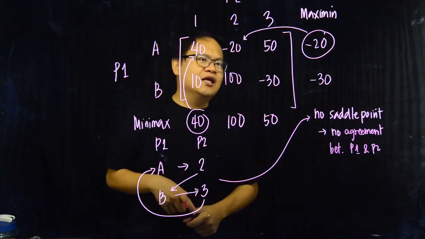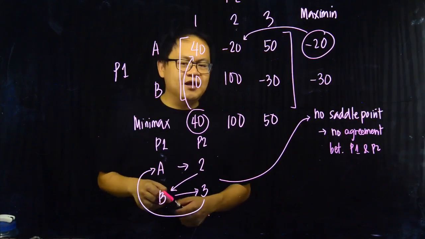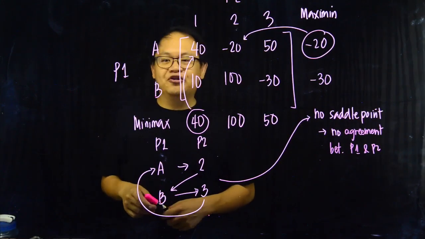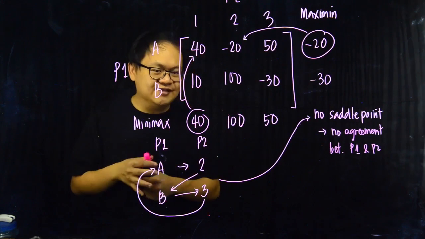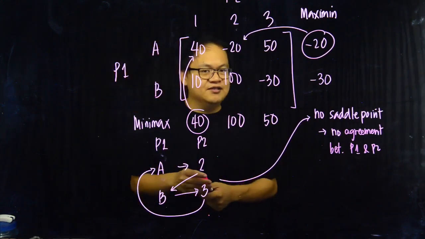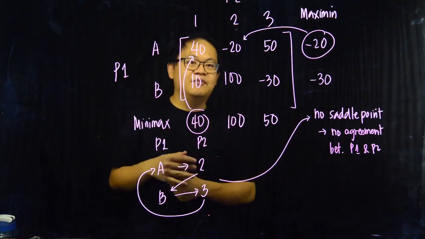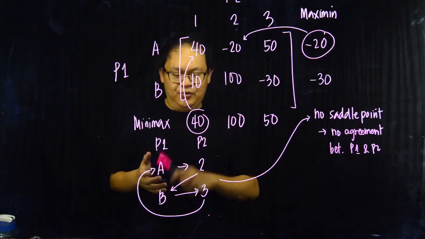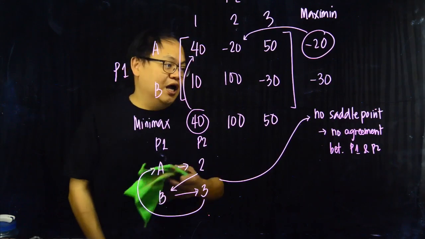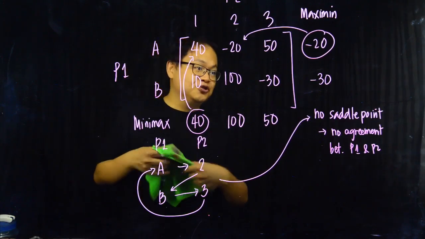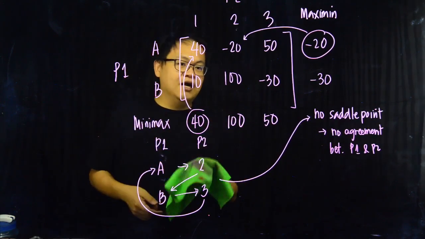So, question. If player 1 and player 2 cannot agree on a single strategy, on a saddle point, does that mean there is no more optimal solution to this game theory problem? No. And let me show you how to get the optimal solution later.